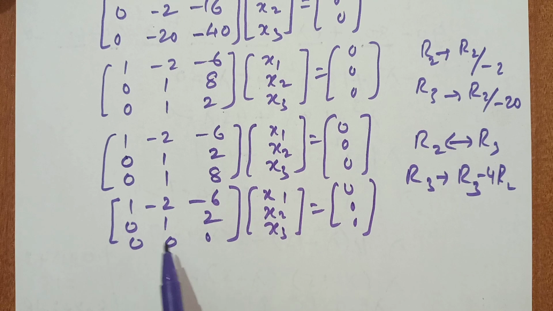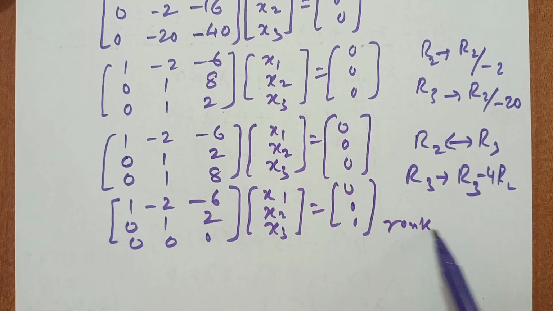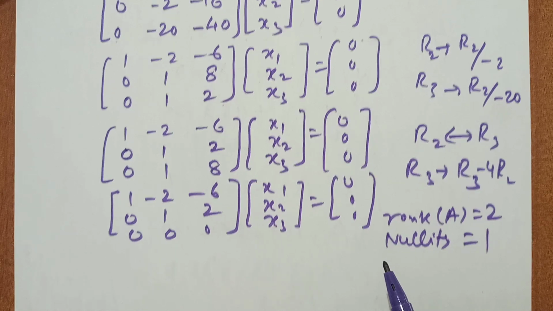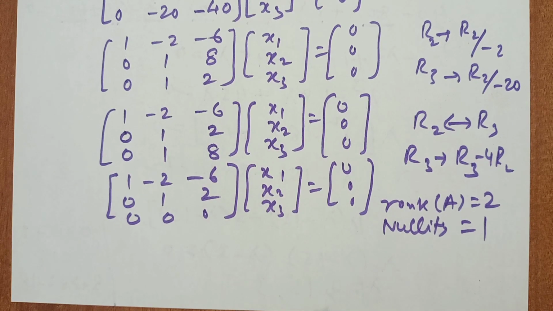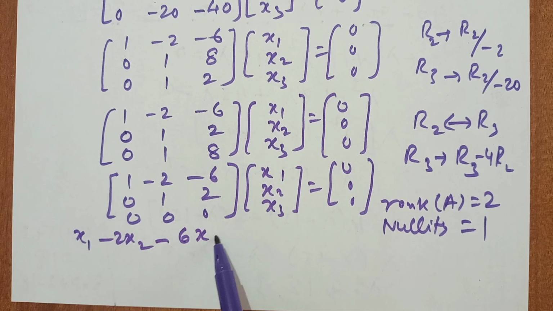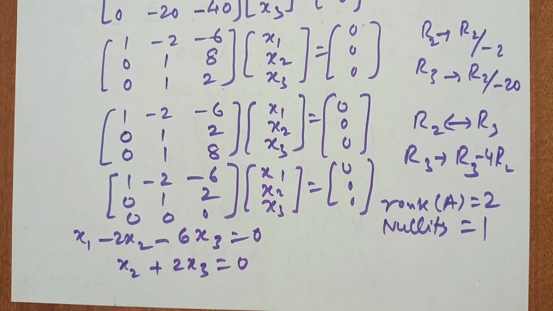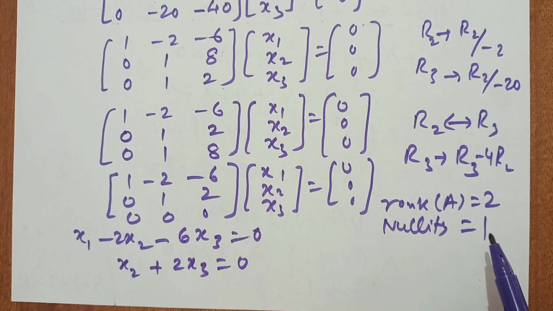Now the rank is 2 and the nullity is 1. Rank of the matrix is 2, nullity is 1. So we take one variable, x3 is equal to t. What are the equations? x1 minus 2x2 minus 6x3 is equal to 0, and x2 plus 2x3 is equal to 0. Since nullity is 1, we take x3 equal to t.